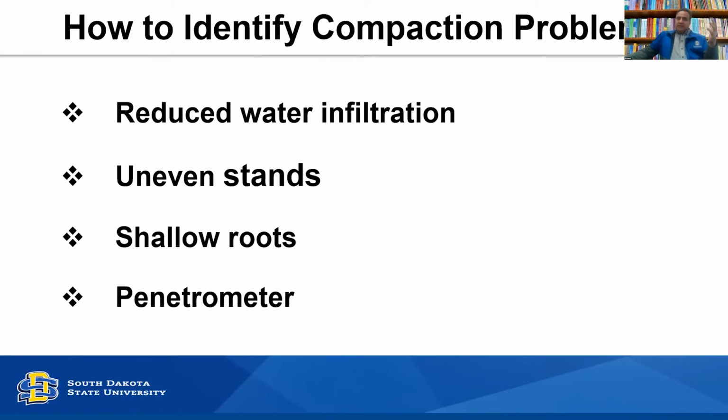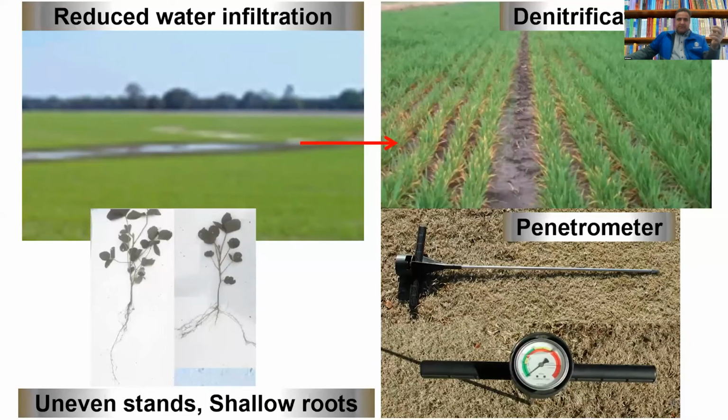So how to identify compaction problems? We have reduced water infiltration, uneven stand, shallow roots, and the penetrometer, which we'll discuss. Reduced water infiltration: sometimes you've seen this picture, water standing in your field, which sometimes causes denitrification.